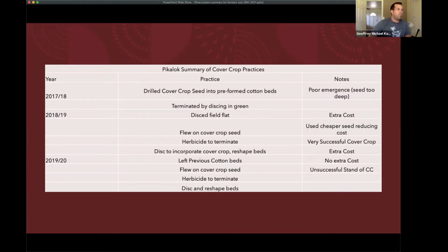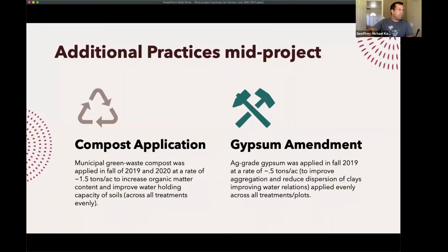And so I think that the management was good. Potentially, depending on which type of cover crop you want to plant, a drill may be better, but I think that it also depends on the rain, and we don't always know what's going to happen with the rain. So anyways, just some notes there.